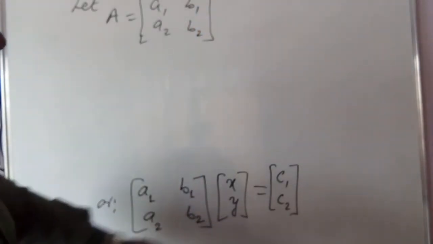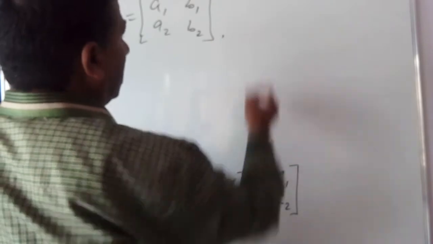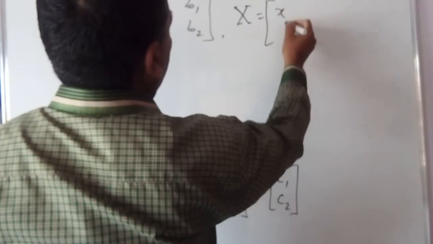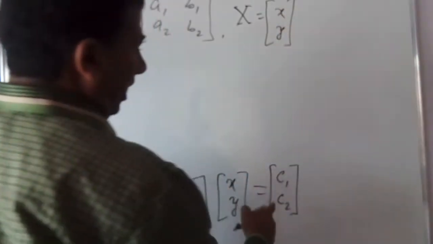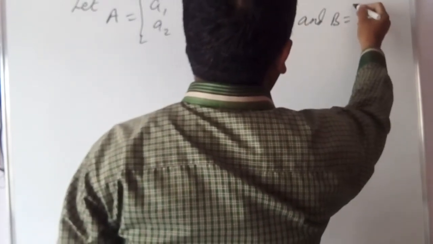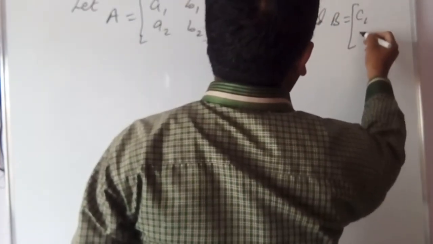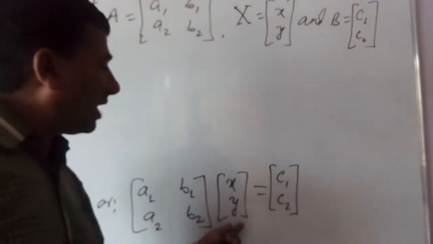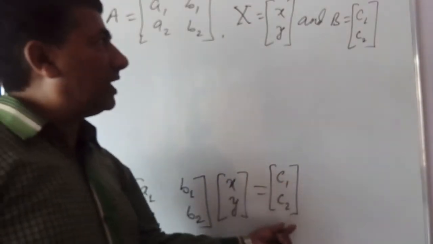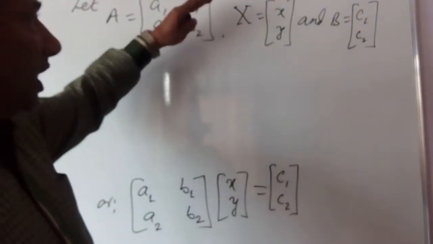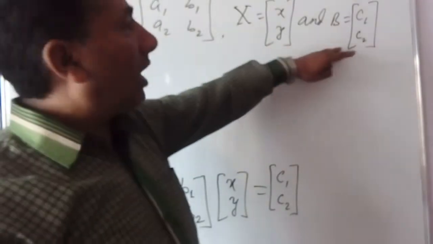Let this one be A, another one be X, Y, and the constant matrix we can name B, with entries C1, C2. Now see here, this one is the coefficient matrix A, this one is capital X, matrix X, and this one is matrix B. We assume like this to explain the theory, that's why I wrote like this.